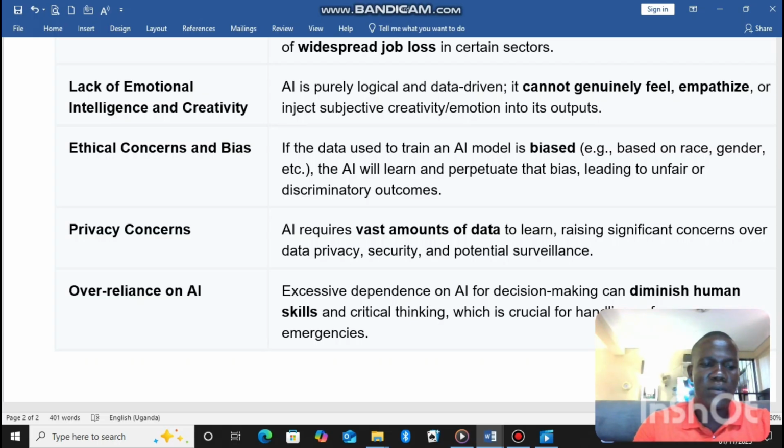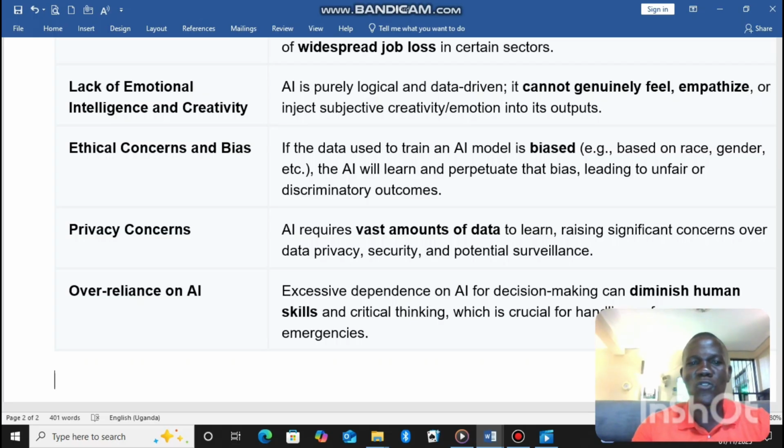Then finally, we have over-reliance on AI. When there's excessive dependence on AI for decision making, it can diminish human skills and critical thinking, which is crucial in handling problems and emergencies.